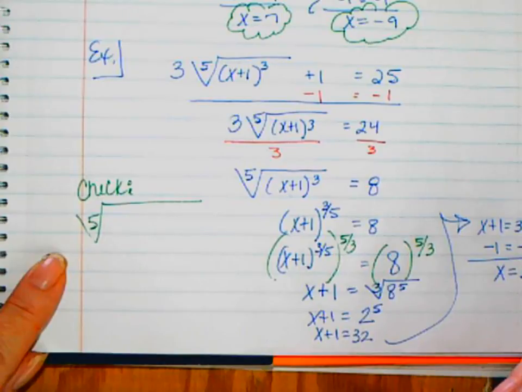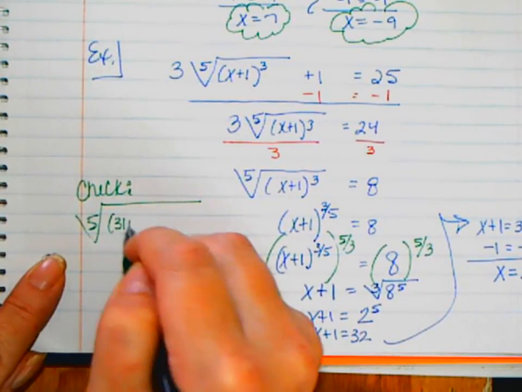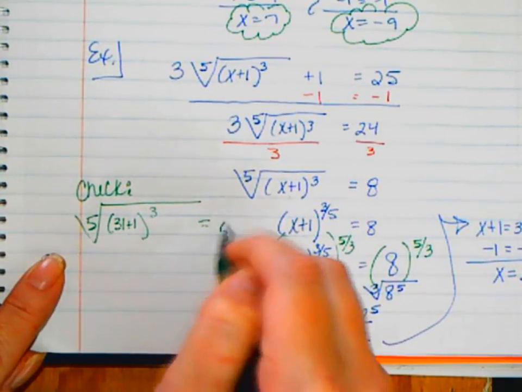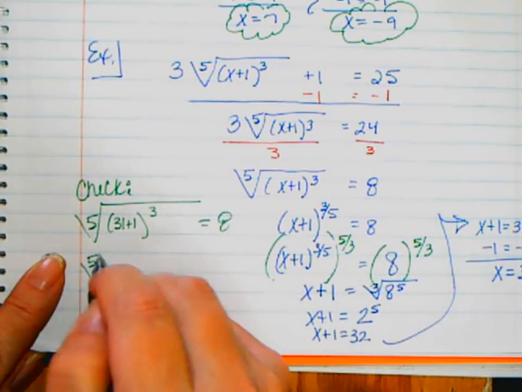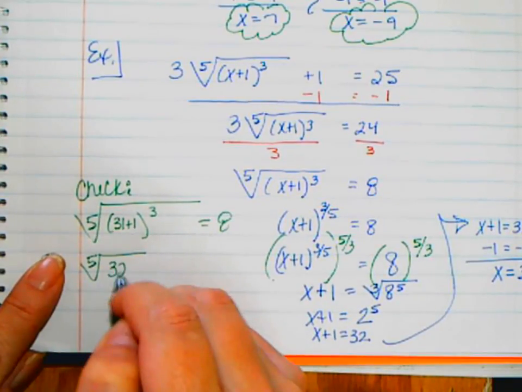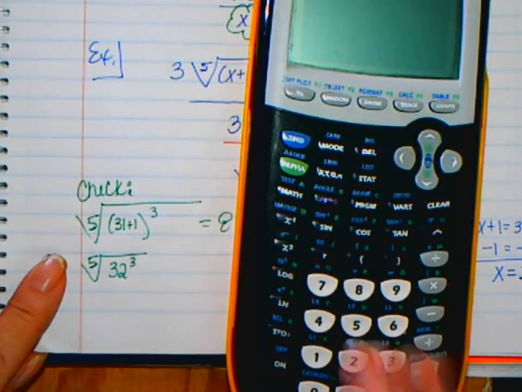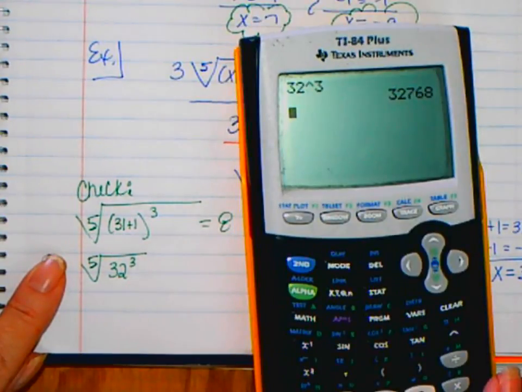So the 5th root of, instead of x plus 1, that will be 31 plus 1 quantity cubed, and I want to see if that equals 8. So that's the 5th root of 32 cubed. 32 cubed is probably a pretty big number. 32,768.